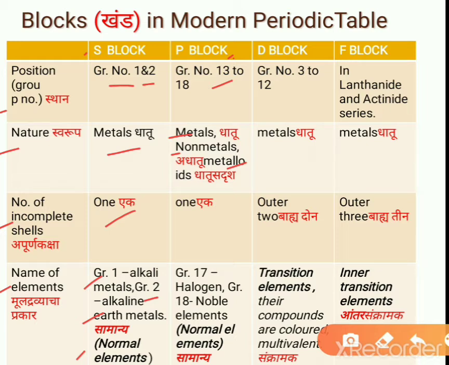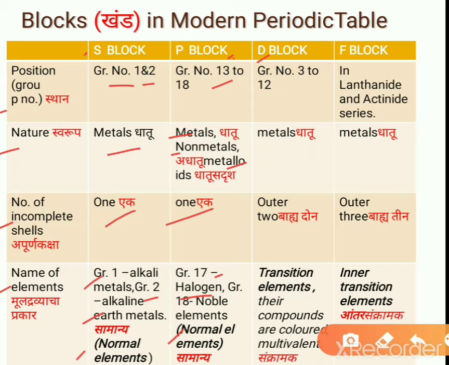They also have only the last shell incompletely filled. Group number 17 has all the halogens, and group number 18 constitutes the noble gas elements. All these elements are also called normal elements.